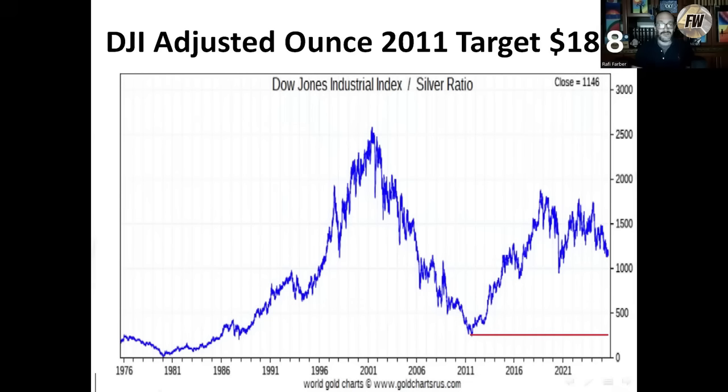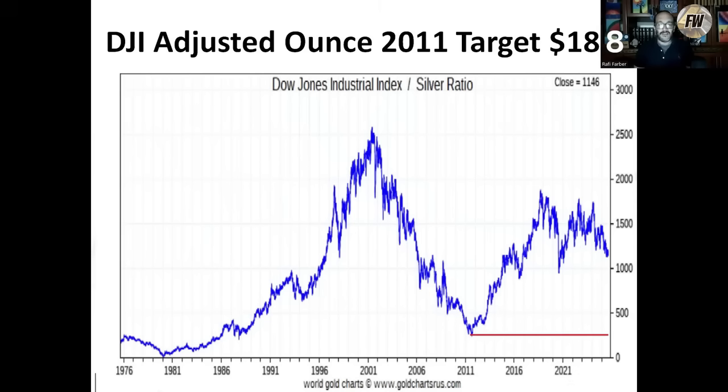You can see here, the first major bubble of stocks relative to silver peaked in 2001. This is the second bubble. It's been wobbly since about 2017 or 2018, and we've been heading down since then in jagged little edges.